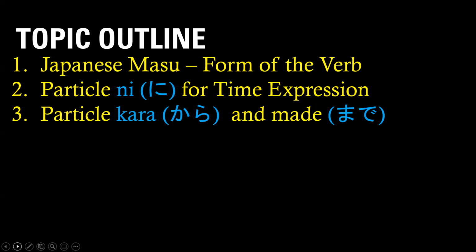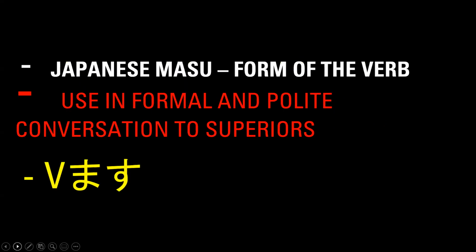Okay, so let's proceed. Japanese masu form of the verb is commonly used for formal or polite conversation to superiors. Again, Japanese language, no, is a tier-based language siya. So you have the polite way of saying things. You have, okay, so yung politeness niya, it varies pa, no?